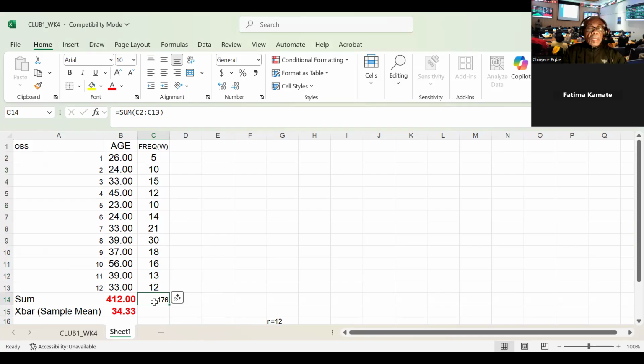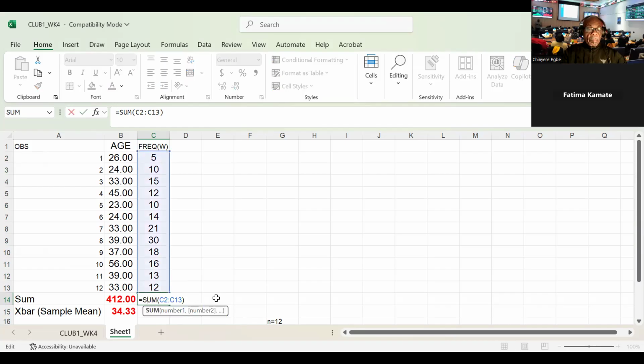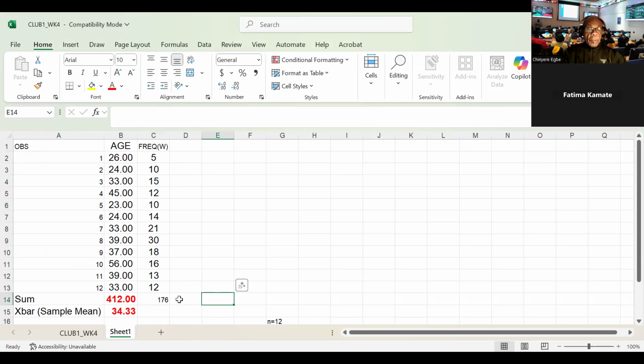So we have 176 persons in the group. Am I correct? So n is equal to 176. That is what we're going to use. That is the sample size.